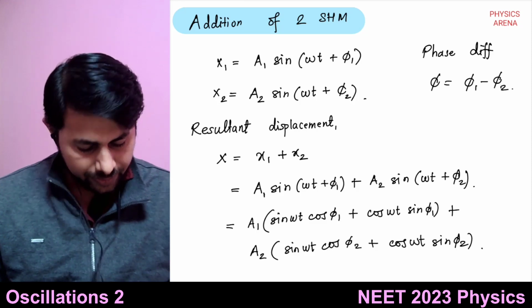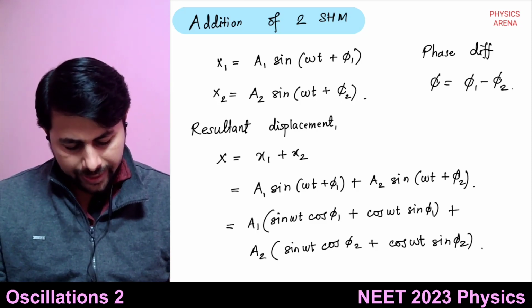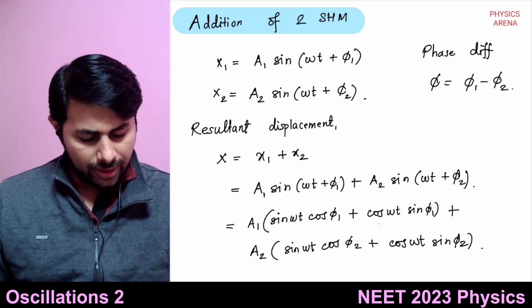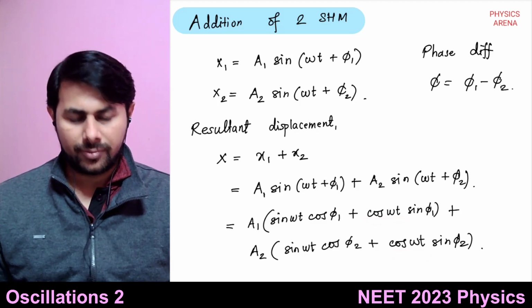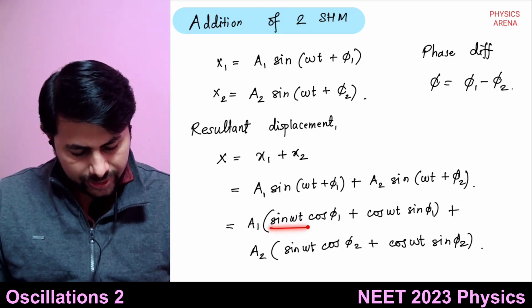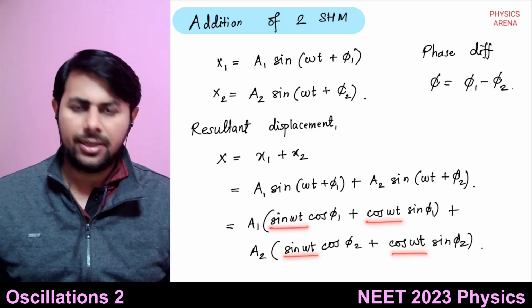Then what we'll do is group together the terms containing sine omega t, and the terms containing cos omega t.